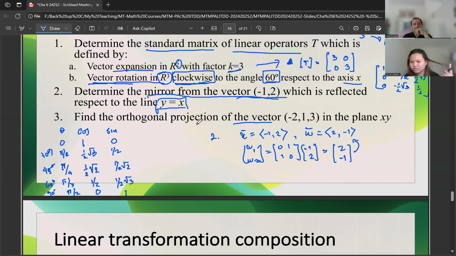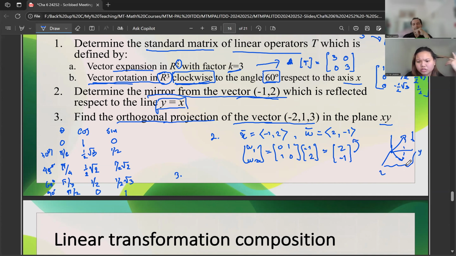Okay, now number 3, orthogonal projection of this vector to the xy plane. What is the principle of the orthogonal projection? Look at this illustration again. If we have this one and we project to the xy plane, then we have the result in the xy plane.